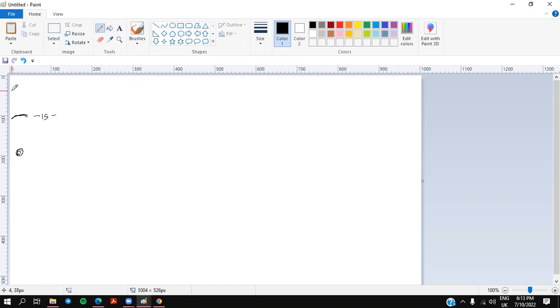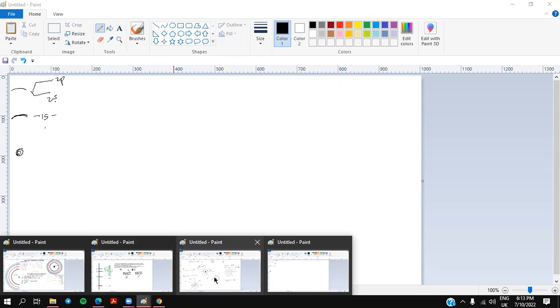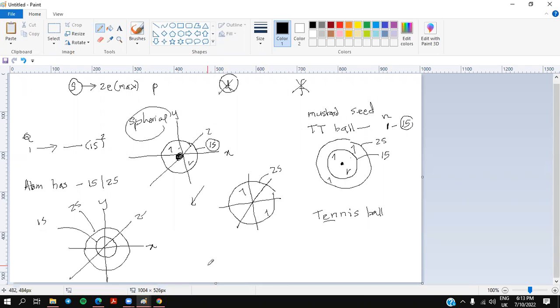And then we go to the second quantum number. It has 2s, 2p. I talked about 1s and 2s in the earlier diagram. 1s is small, 2s is bigger than that. So we can keep 1s and 2s together around an atom, the way we can see here.